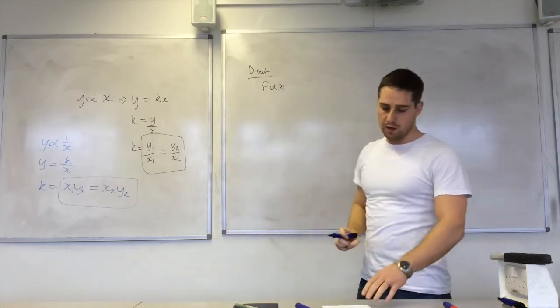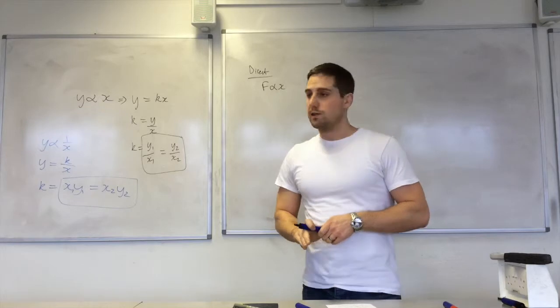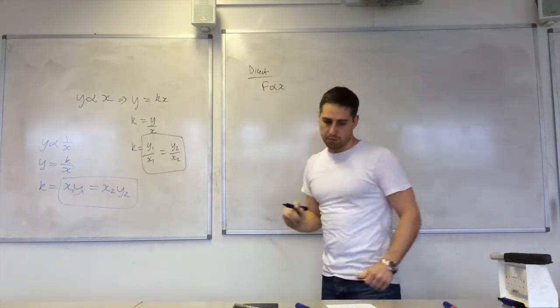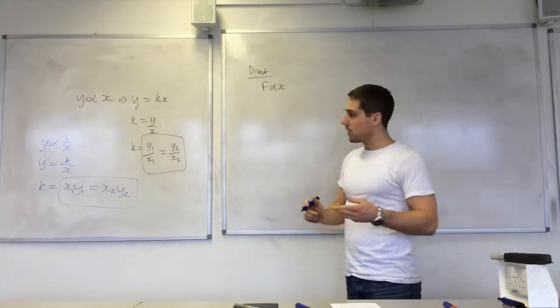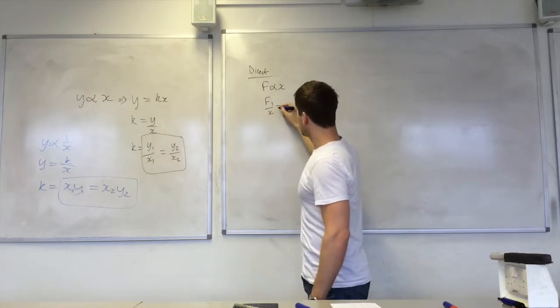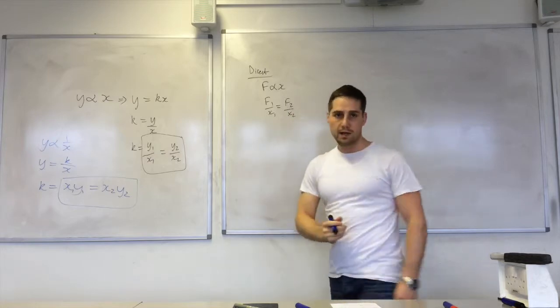Hooke's law, the force applied is directly proportional to the extension. Okay, that's our direct proportional relationship for a spring, and this tells me that I can say that F1 over x1 is equal to F2 over x2.